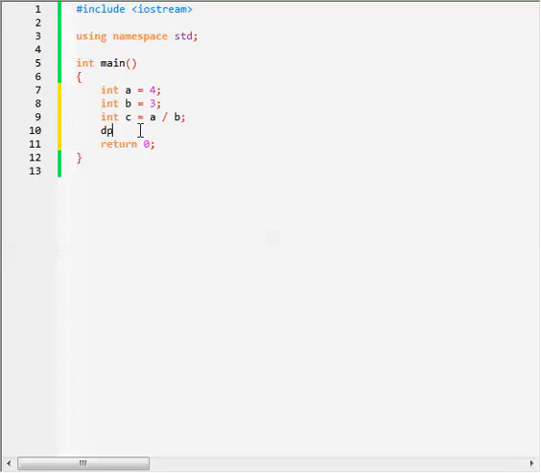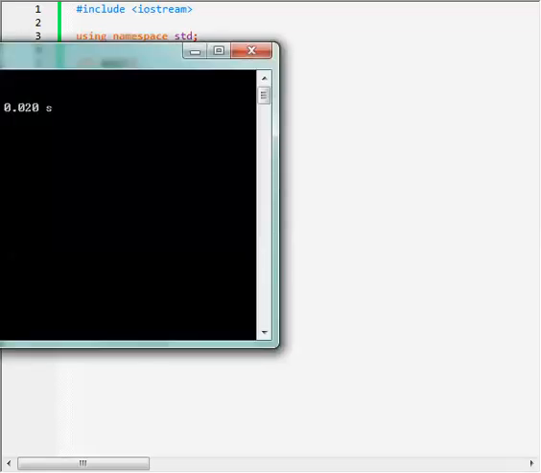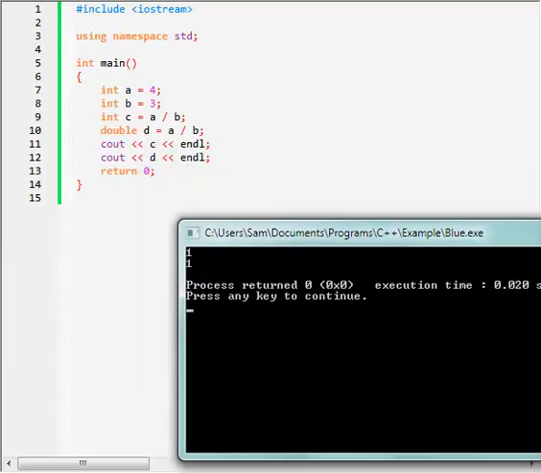So that's why if I wrote double d and I said a divided by b, I would also get the same answer. So if we cout c and we did cout d, compiled it and ran it, we will get the same answer, 1 and 1.